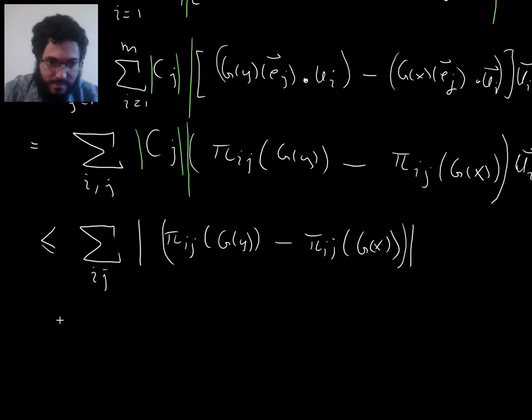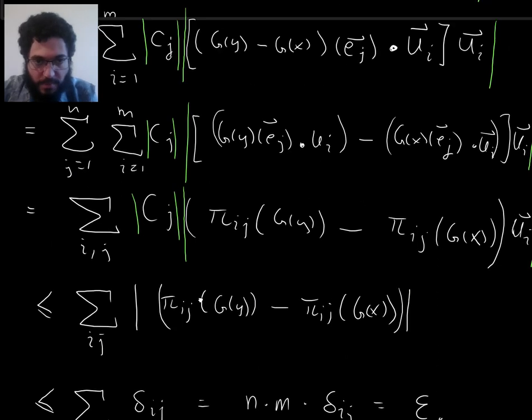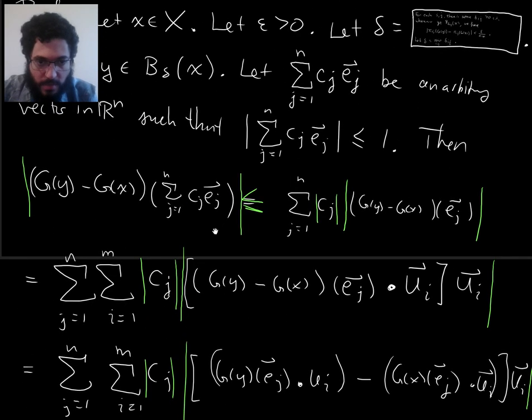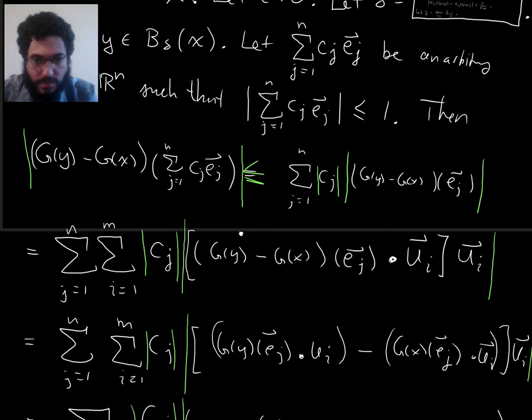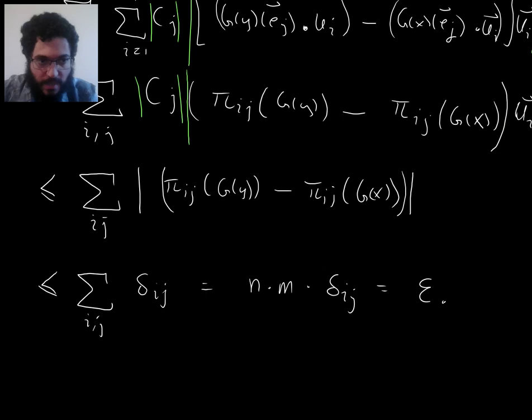Now I can do this. So n times m times delta ij is epsilon. Great. So overall what did I get, is that when I take gy minus gx, this linear map, and feed it any vector that has at most unit length, I get that the length is less than epsilon.